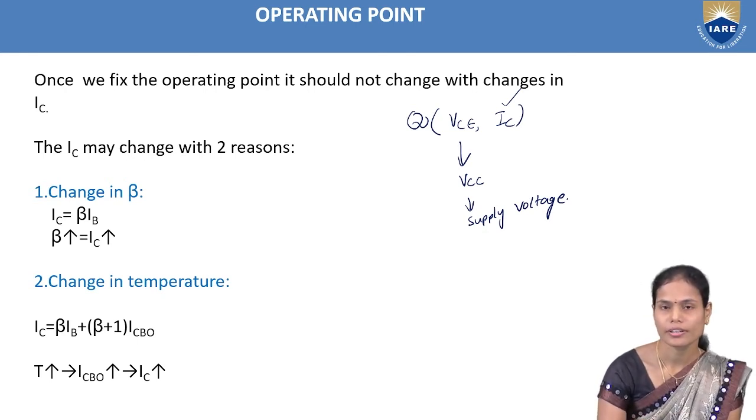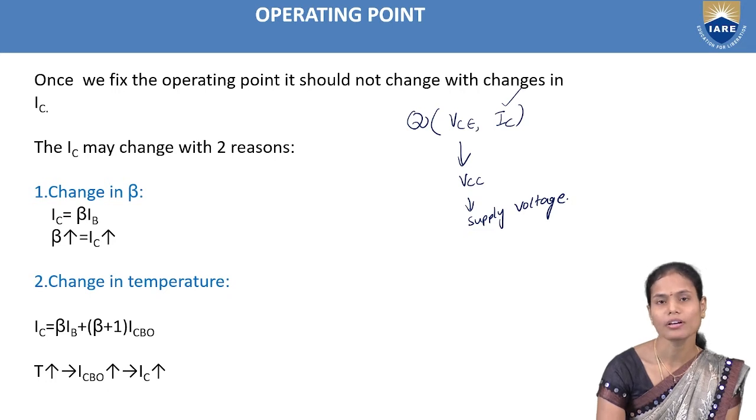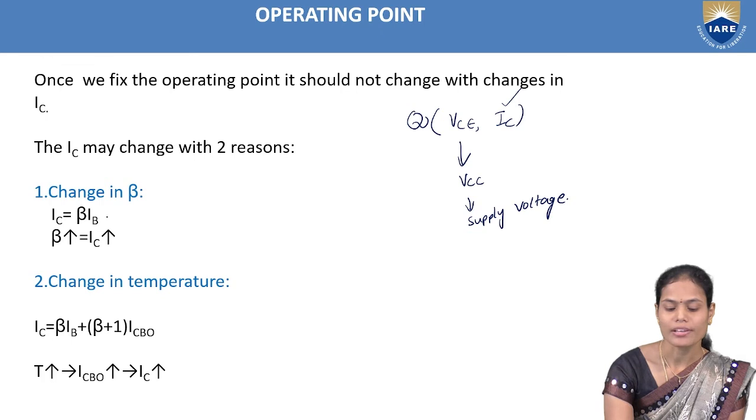Actually, the collector current varies with two parameters here. One is, if there is any change in beta, the collector current will also change. Beta is nothing but the current amplification factor in the common emitter configuration. And we already know IC equal to beta IB, which we got from beta equal to IC by IB.